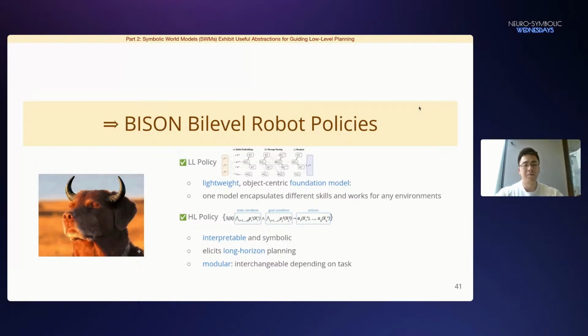And we also learn a high-level symbolic policy, similarly to part 1 of this talk, which is interpretable and symbolic, and can elicit long horizon planning. Another key benefit of our bi-level approach is that it is very modular, in the sense that we can interchange our high-level policy depending on different tasks and goals.